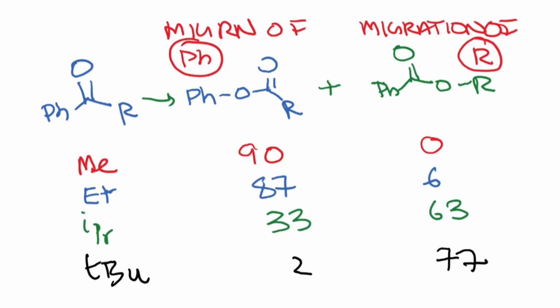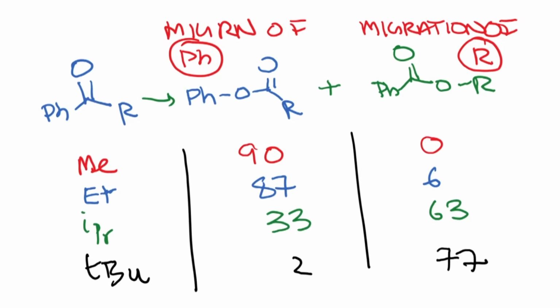Based on this data, what we could suggest is that there is clearly a difference in the migration. That means it's not equally likely that either group will migrate. When a smaller group such as methyl or ethyl is present, then the phenyl migrates.